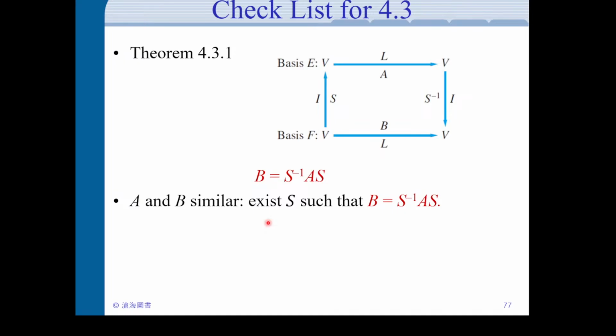We have our 4.3 is a bit of a special case of our theorem 4.2.3. Theorem 4.2.3 has two bases, but now we have the same space and the same basis.